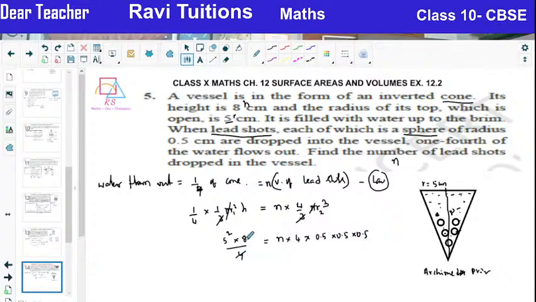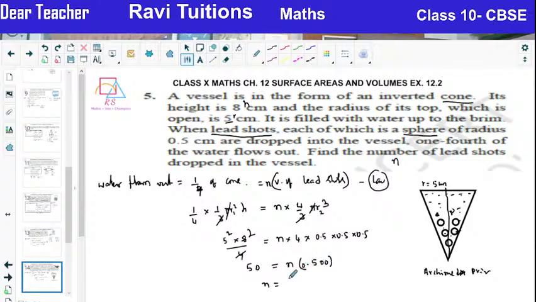So now it will get cancelled. 50 is equal to n into 4 into 0.125, which is 0.5.